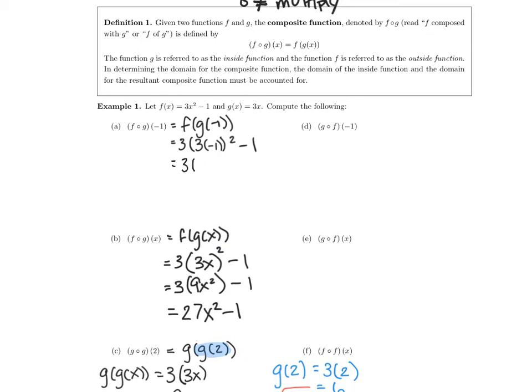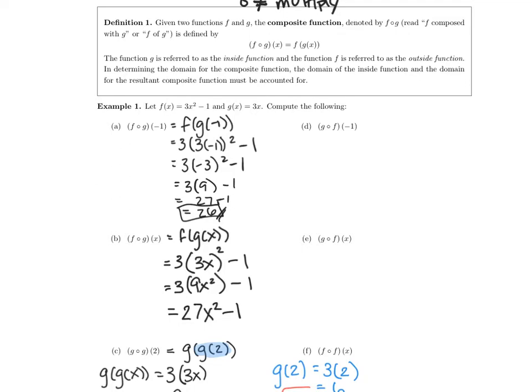So 3 times -1 is -3, squared, minus 1. For -3 squared, please be careful about how you do this in the calculator. It is -3 times -3. A negative times a negative is always going to be a positive. So this is going to be 3 times 9 minus 1, or 27 minus 1, giving us 26.